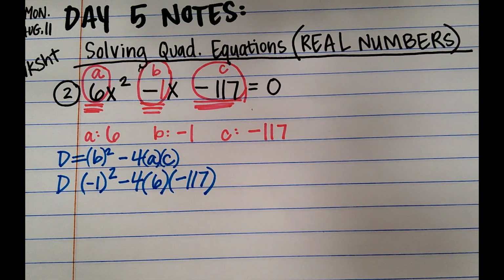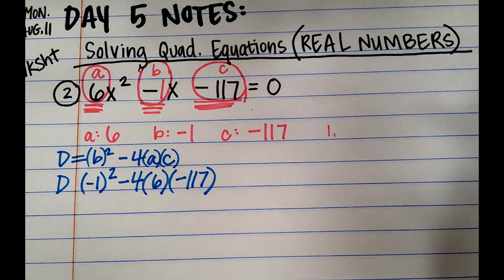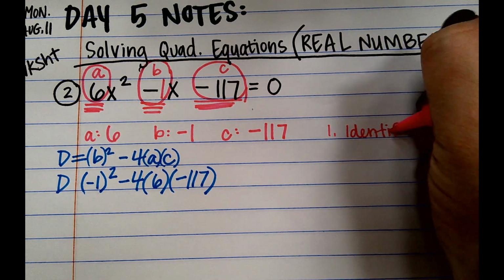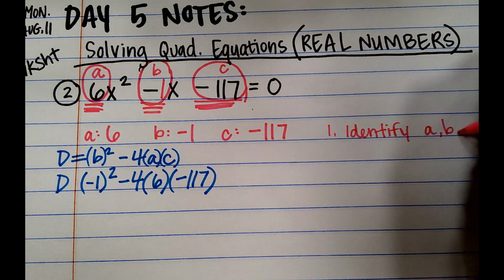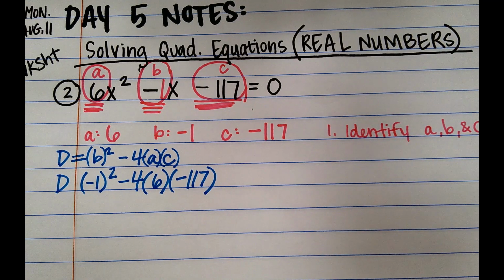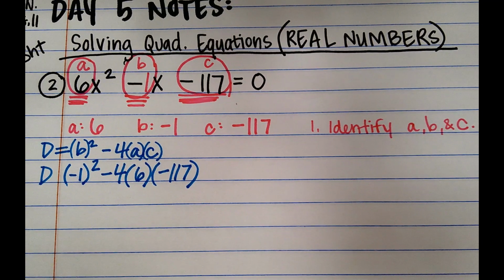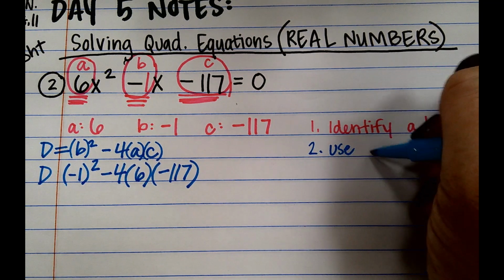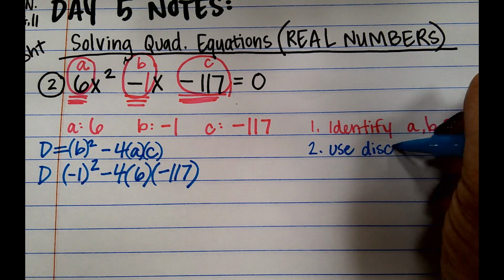So, we could say step 1. Identify A, B, and C. Step 2. Use discriminant formula.